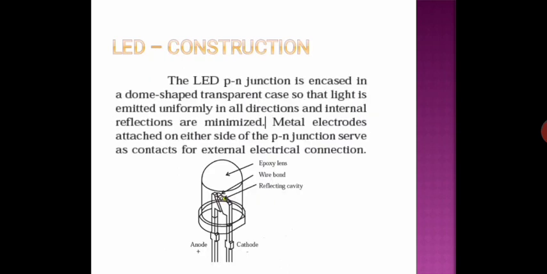The construction of LED: the LED PN junction is enclosed in a dome-shaped transparent case so that light is emitted uniformly in all directions and internal reflections are minimized. Metal electrodes attached on either side of PN junction serve as contacts for external electrical circuits.